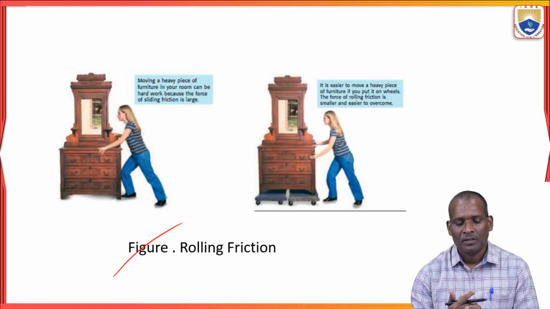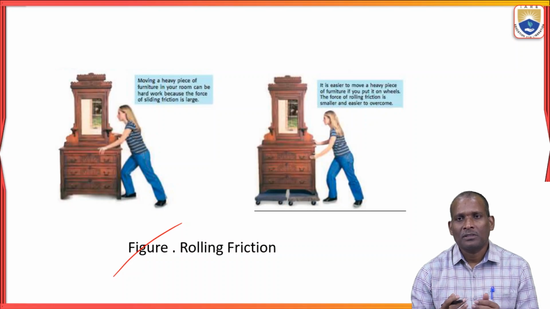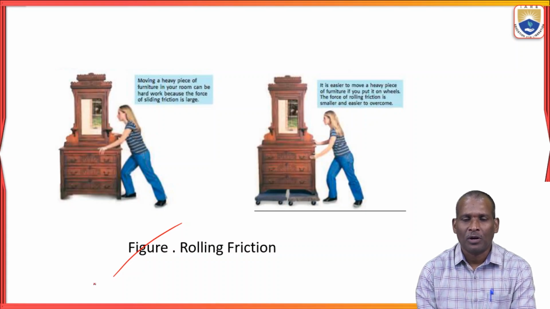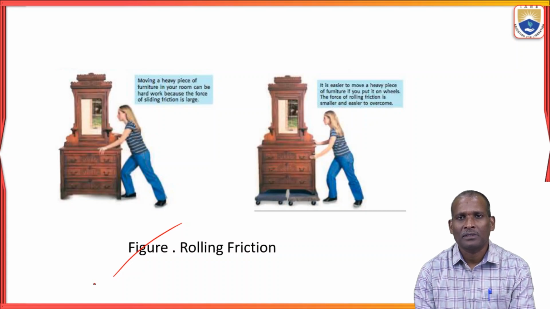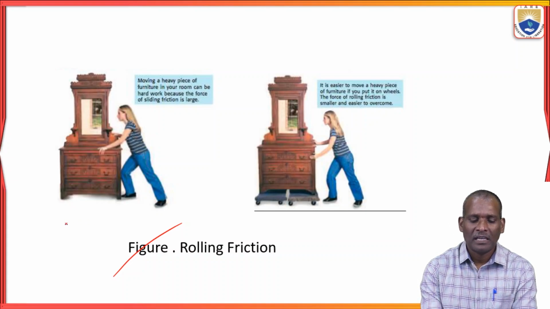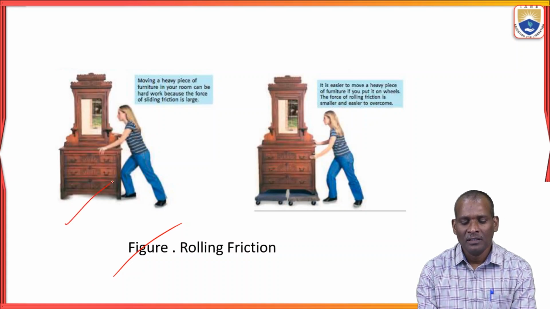Suppose the bottom of the furniture has no rollers or any rubber bushes between it and the ground. While moving it, it is very difficult to transfer from one place to another, because the force of sliding friction is very high in this case.